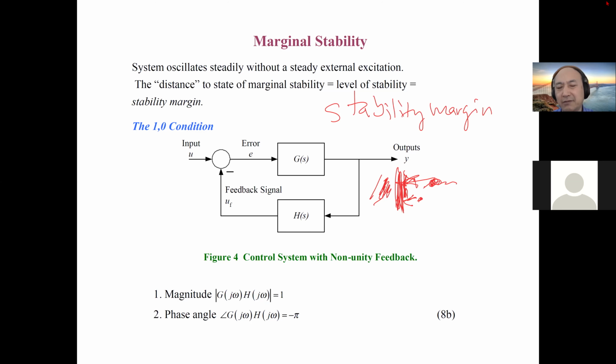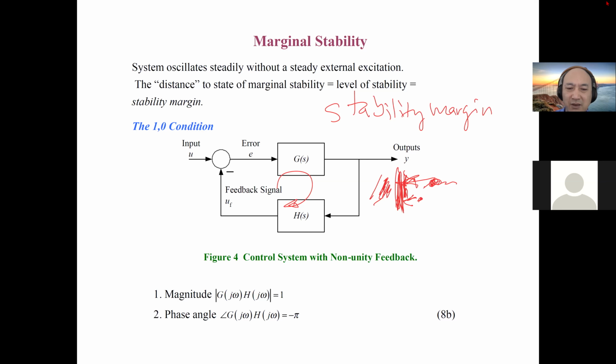How can I tell? Given G and H, how can you tell? We need to introduce a very important concept. First of all, because the whole loop transfer function is G times H, I want to understand at what frequency the gain is 1.